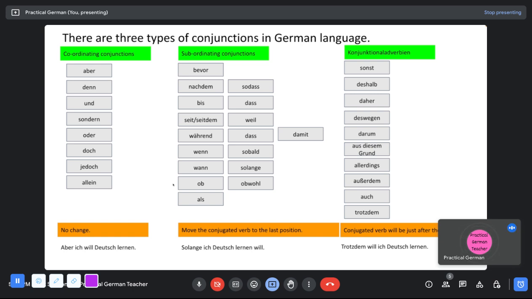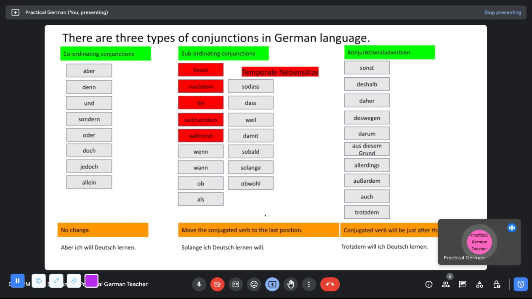Any questions over here? Okay, no questions, then we can do the exercise. The red ones are called temporal Nebensätze, because the Nebensatz, the subordinate clause, will be describing some kind of time factor.